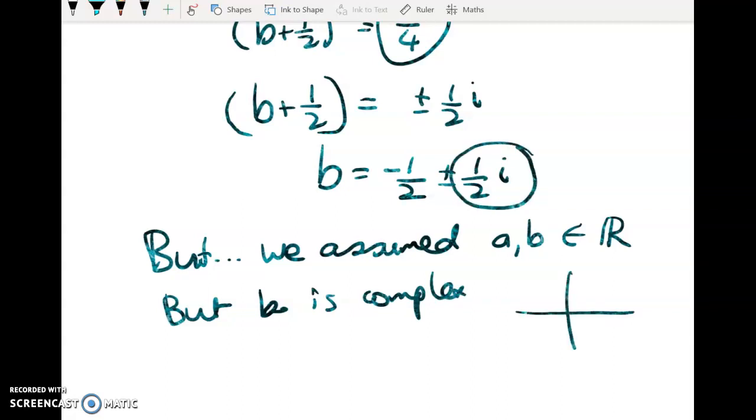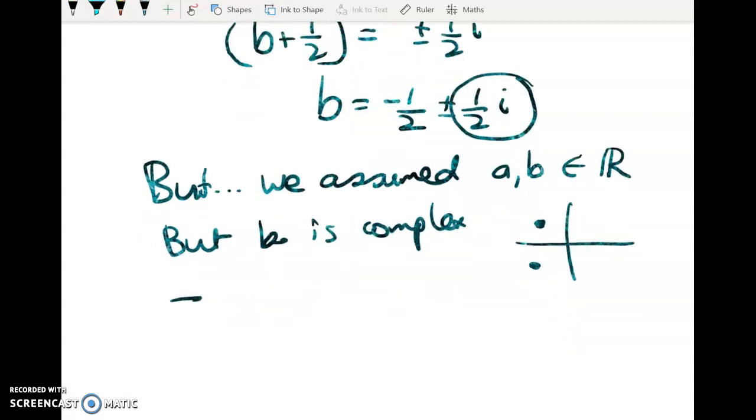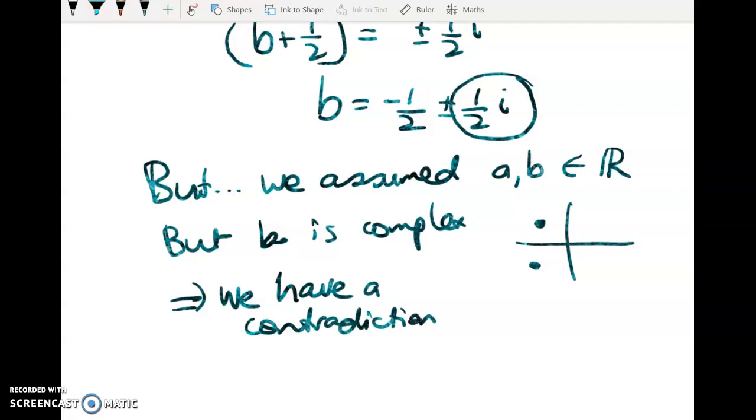Think about where it is on your Argand diagram. It's either plus a half i or it's minus a half i, but it's not 0. So b is complex. Therefore, we have a contradiction. Therefore, no such z exists, and we're done.